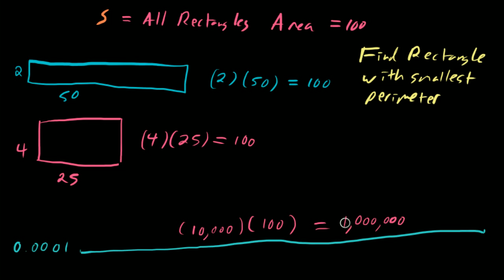Well, it would be this 1 million times 2, because we've got two lengths of 1 million. So it would be 2 million plus 2 lengths of our height. So the entire perimeter on this would be 2,000,000.0002. That would be our perimeter for this.